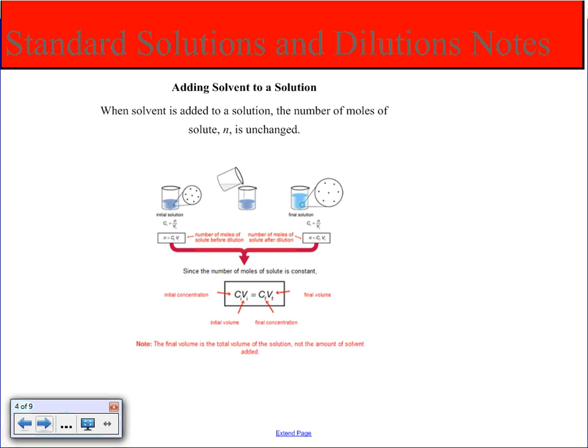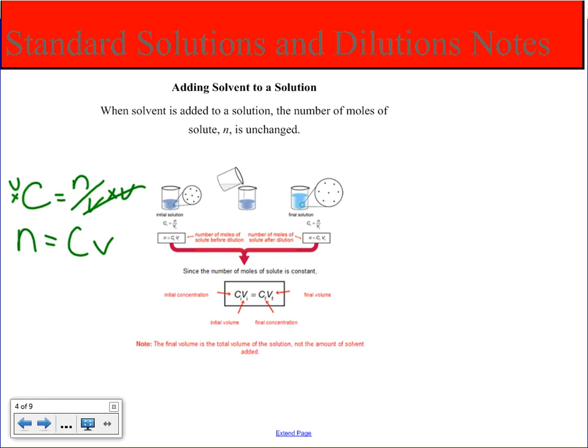Because of that, we can take our equation and manipulate it. We can go from C equals n over V. We can multiply both sides by our volume, and we get that the number of moles is the concentration multiplied by the volume.